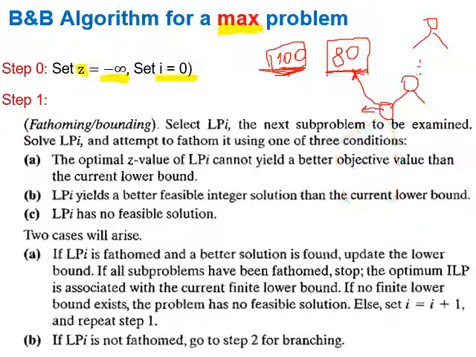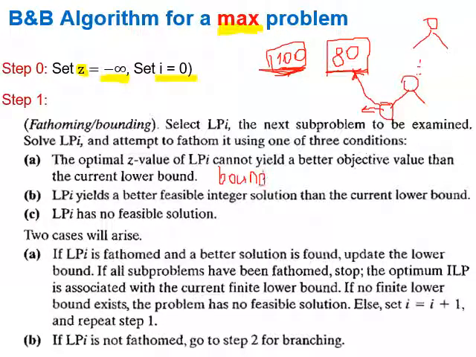Okay, this first one is the most, let's say, complex one to understand for new learning students. The others are pretty easy. And the reason for fathoming in such a case is called fathom by bound.